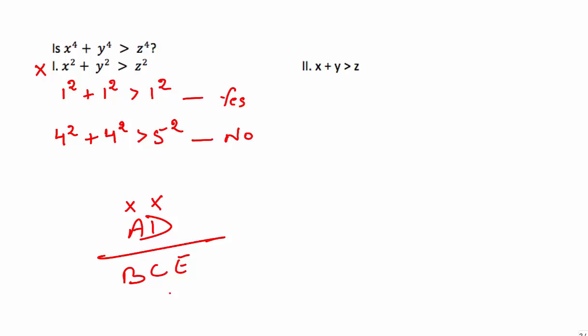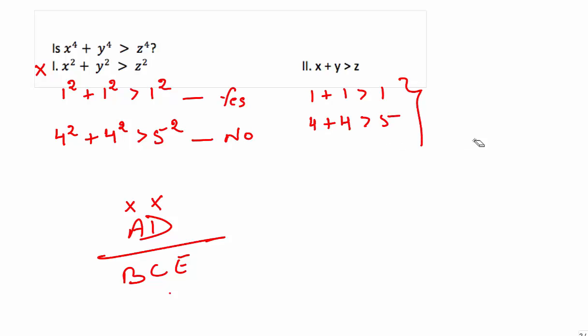Now look at statement 2. Whatever you assumed for statement 1, see if it is true for statement 2 also. Let's check 1, 1, 1, right? They are saying x plus y is greater than z. So 1 plus 1 is definitely greater than z, which is 1. As well as you can see 4 plus 4 is also greater than 5.